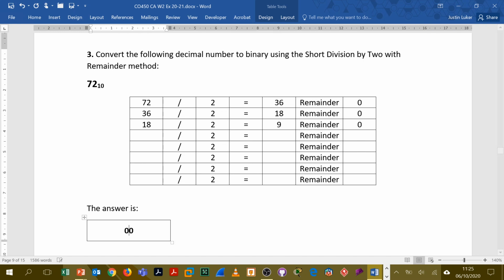Let's just put these digits down. Good to keep tally of your digits as you go through. 9 divided by 2 is 4. Now we get the remainder, of course. 4 divided by 2 is 2. 2 divided by 2 is 1, remainder 0.